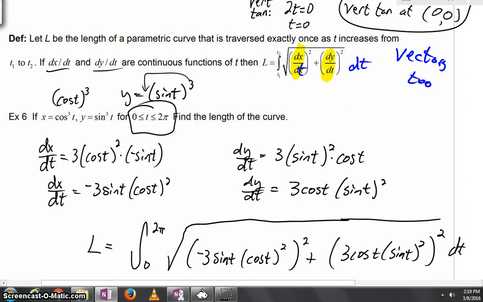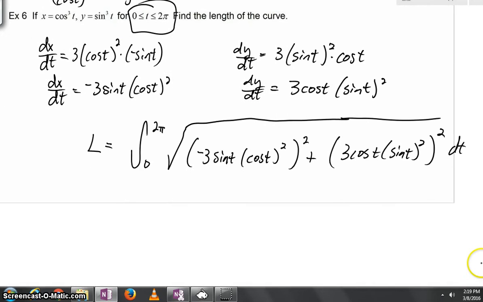Many kids feel quite comfortable typing that in, and that's fine. By the way, the answer you would get would be 6. You could check that out.